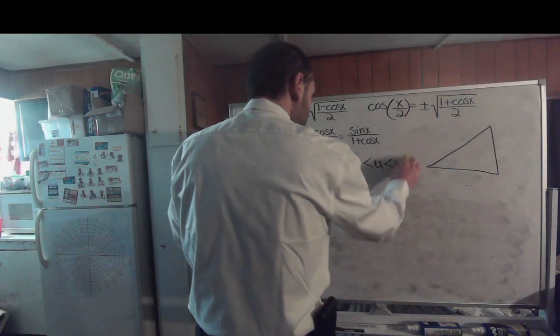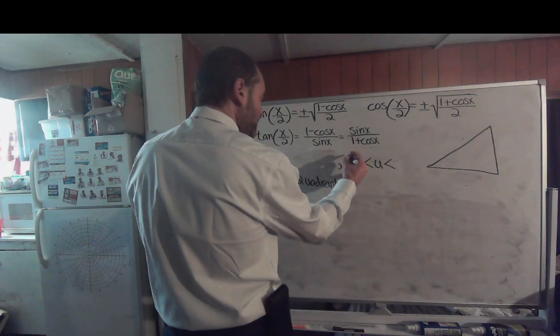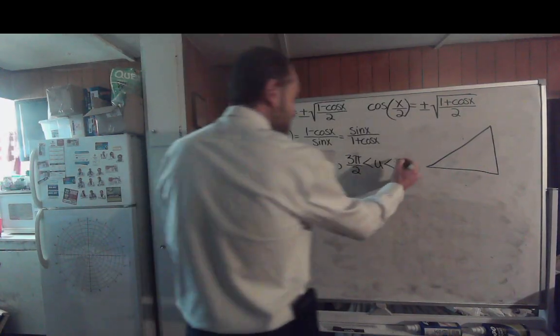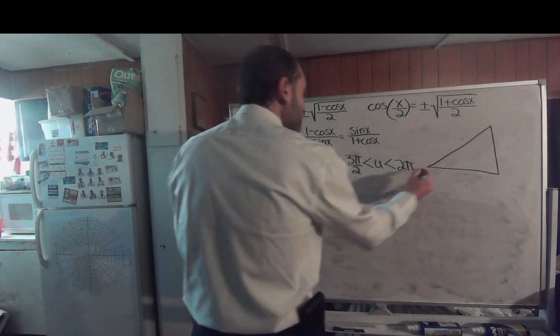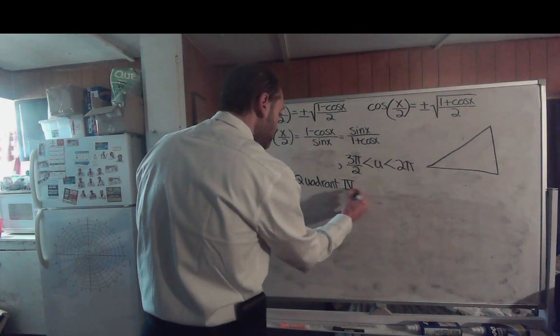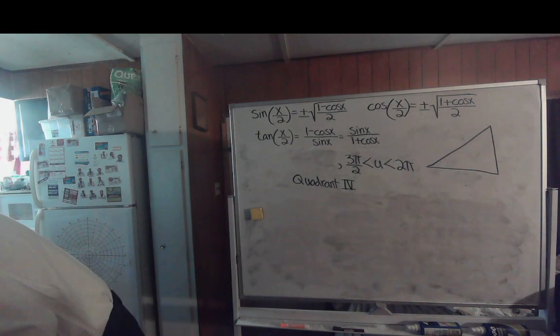So this time, we're going to mention that 3 pi over 2 is less than angle u, which is less than 2 pi, which would fit an angle in the fourth quadrant. So we're definitely going into the fourth quadrant here.